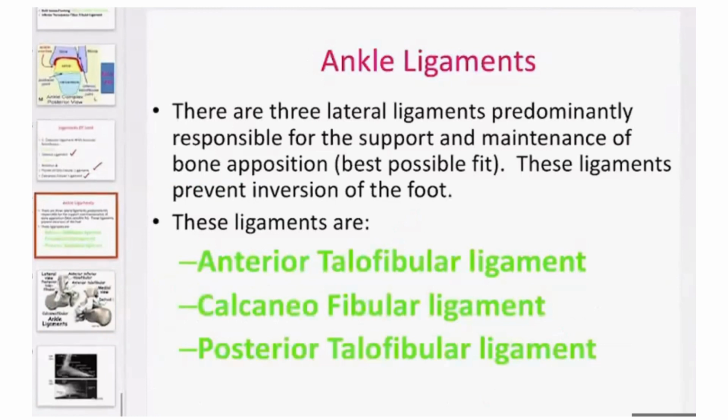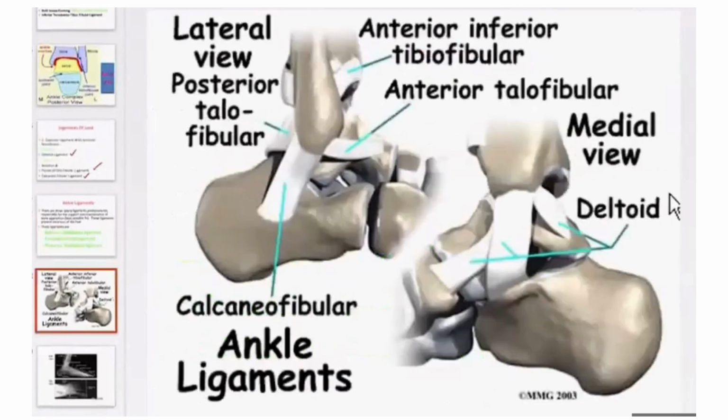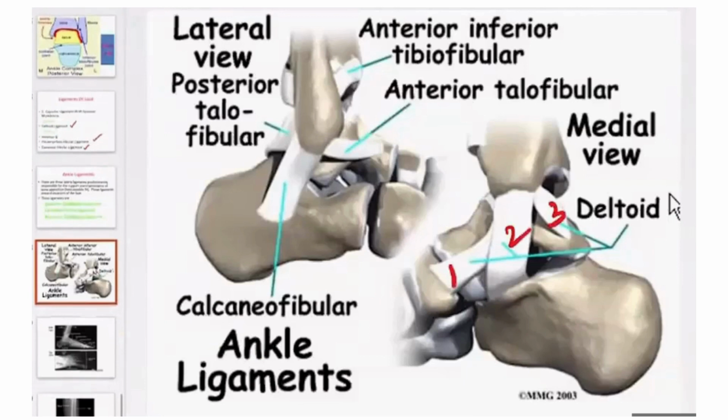See on the picture, are you able to see this? Anterior inferior tibiofibular, as the name indicates, extends from tibia to fibula. Talofibular, talus to fibula. Now you see the deltoid. How many components are there for the deltoid?